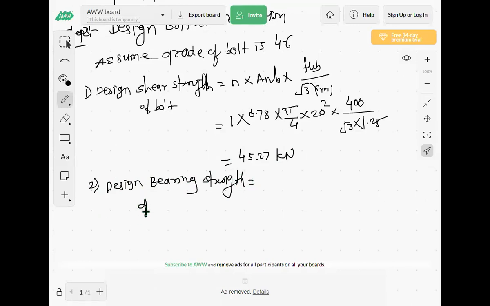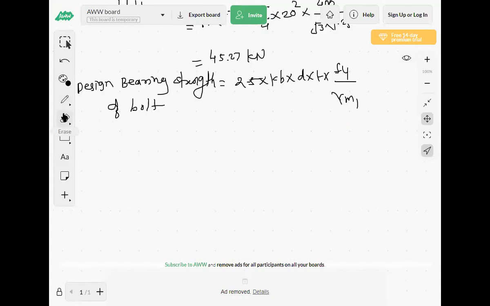So now second, design bearing strength. Bearing strength of bolt is 2.5 into kb into d into t into fu divided by gamma m1. So here, how to calculate the kb value?